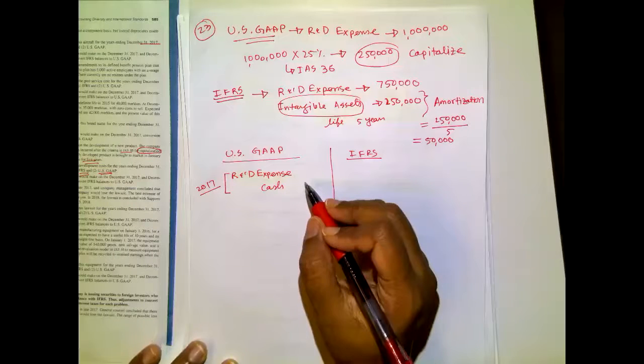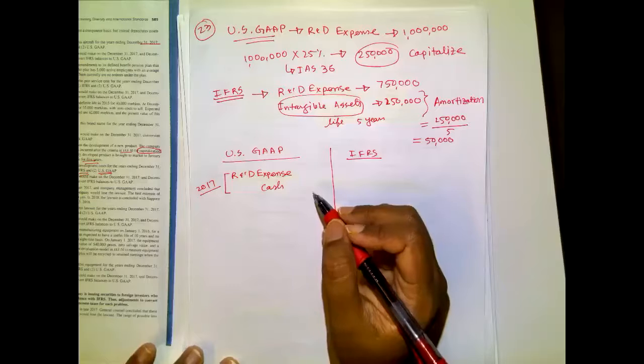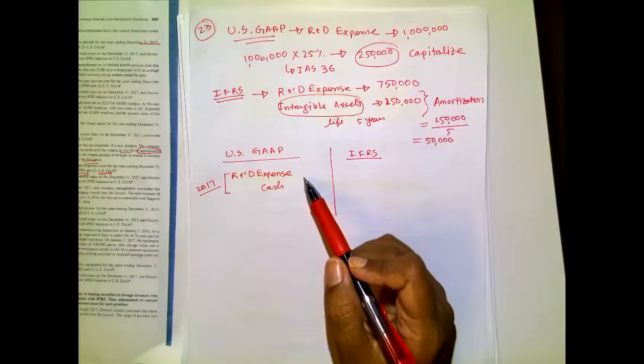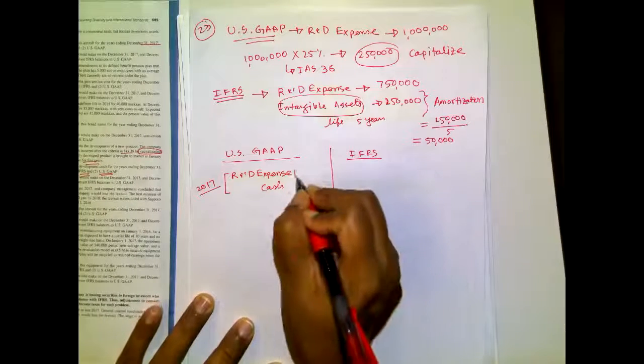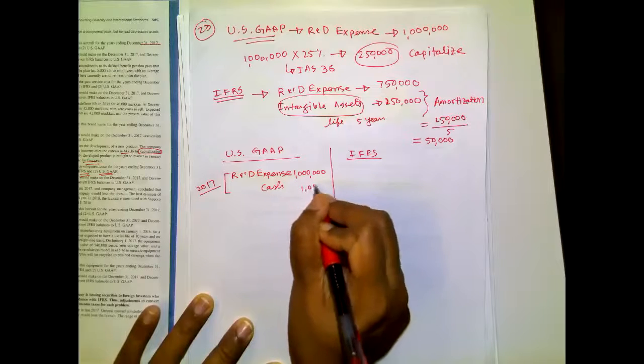Who can tell me the number? Thank you, Tom and Alexis. Great job. US GAAP's R&D expense, Celine, yeah, 1 million. So you're going to debit 1 million and credit 1 million cash.